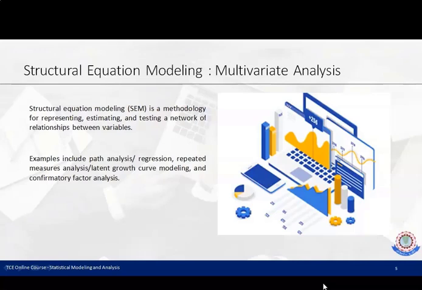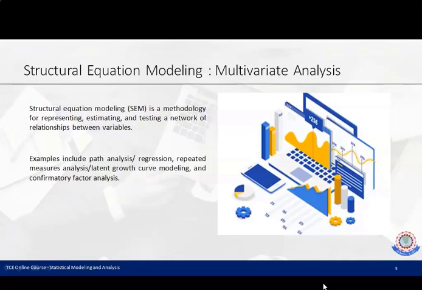One of the most predominant methods that is widely used for multivariate analysis is structural equation modeling. So this method is explicitly used for representing, estimating and testing a network of relationships among a number of defined variables.